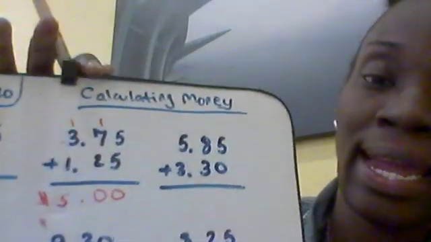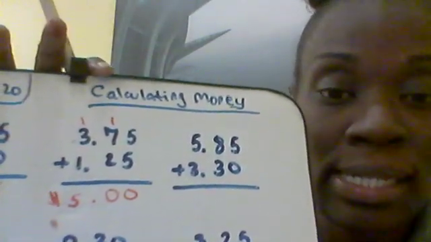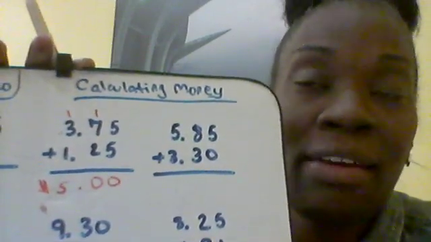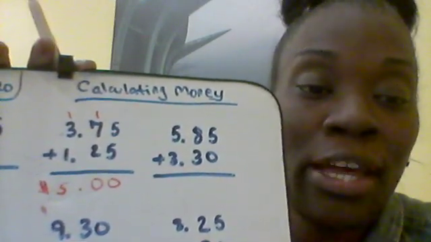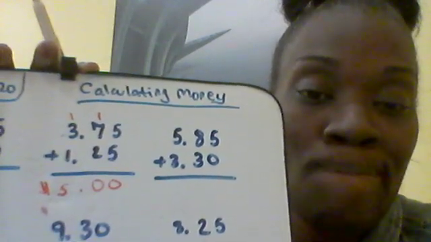Okay, let's look at the next one. Now, again, it's $5.85 plus $3.30. You can go ahead and write that down.